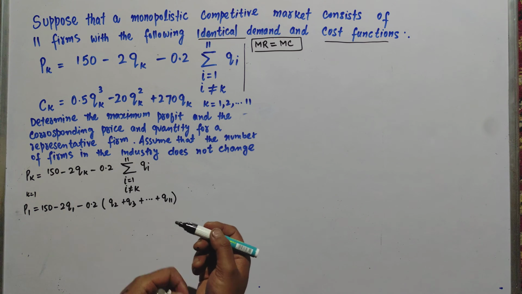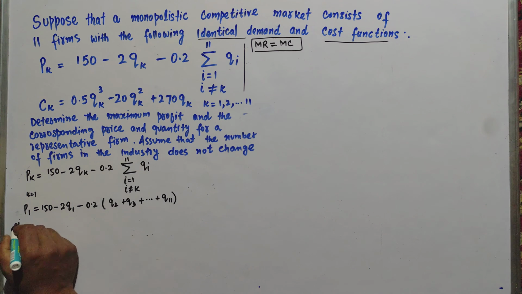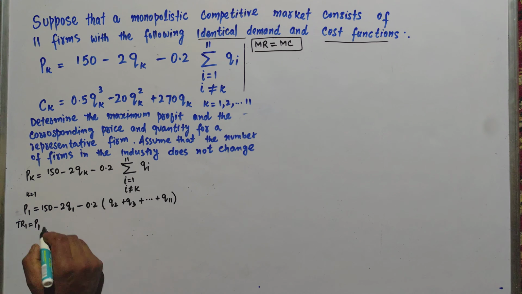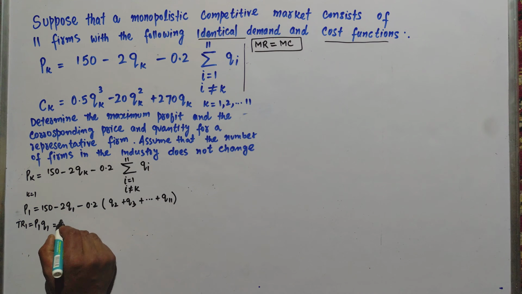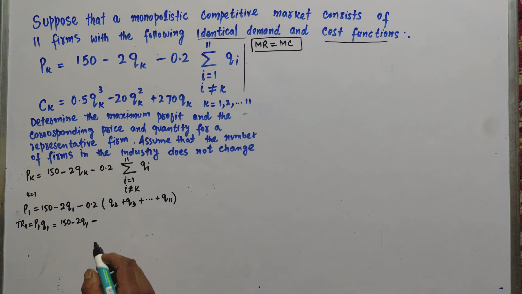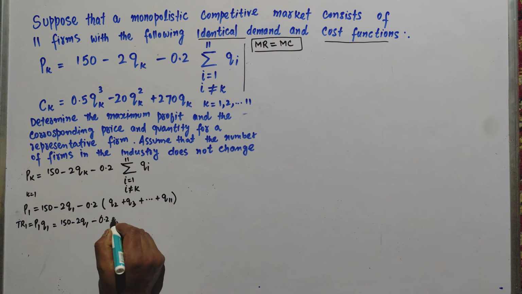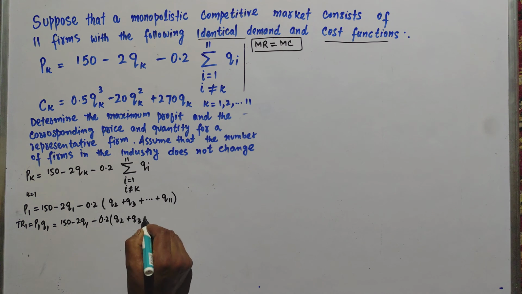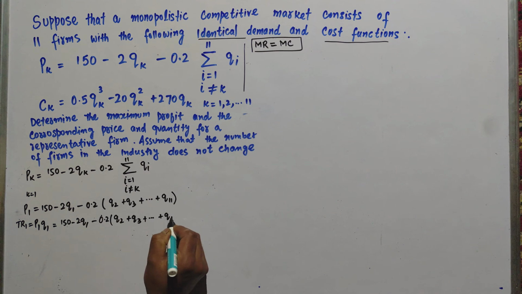Now what will be the total revenue of firm 1? That will be equal to P1 into Q1. Total revenue is equal to price into output. So can we write it in this fashion: 150 minus 2 Q1 minus 0.2 times Q2 plus Q3 plus so on up to Q11.